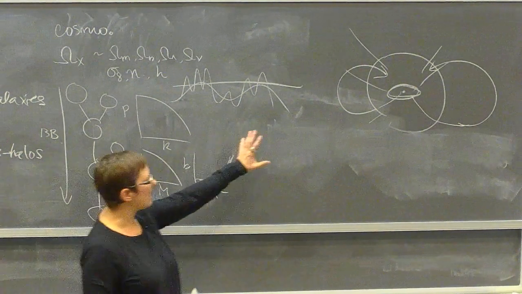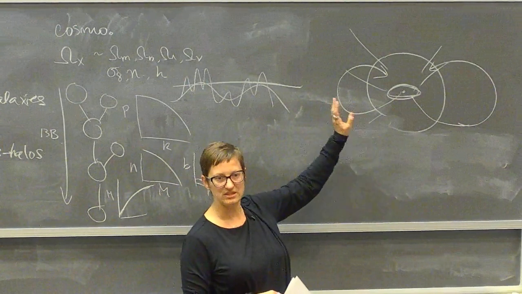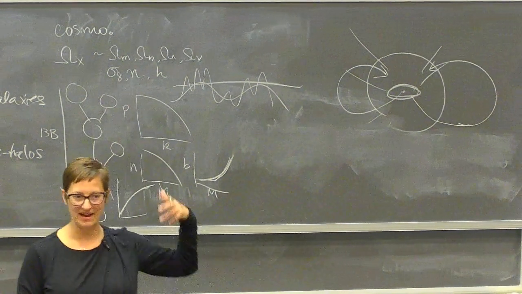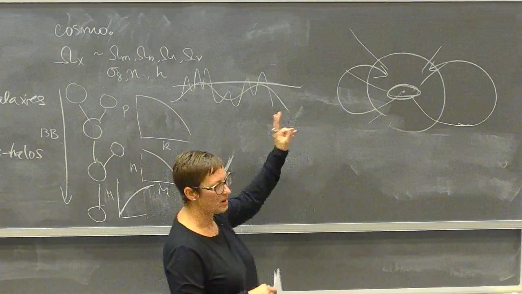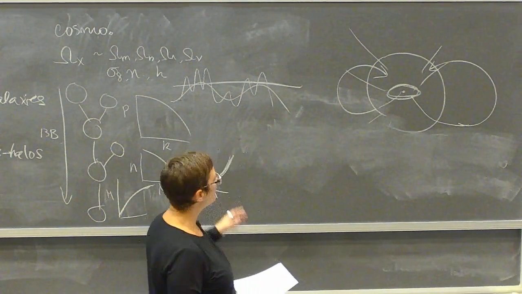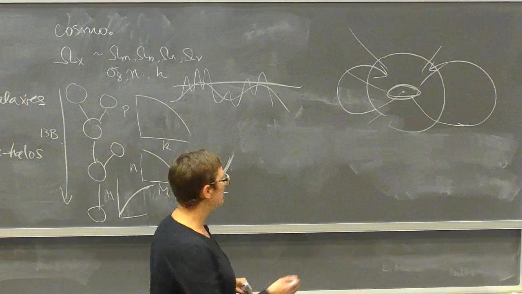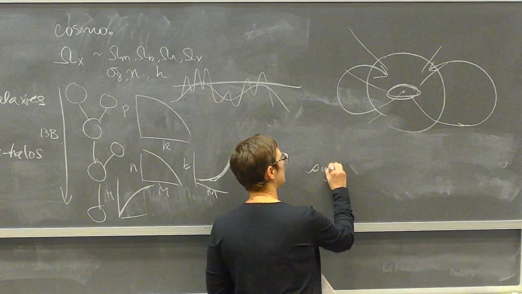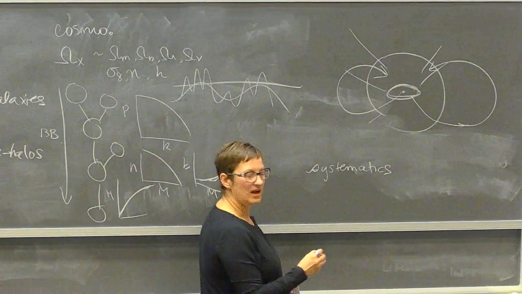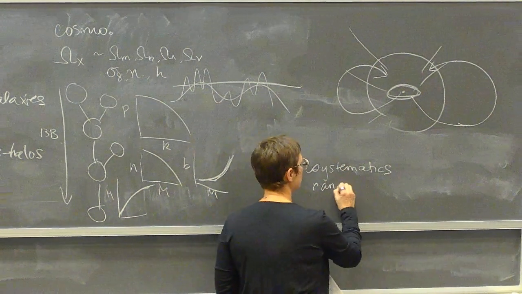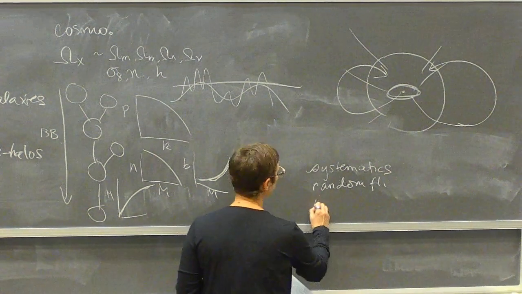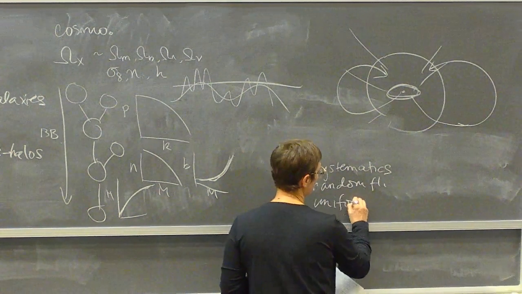The parts of galaxy formation that are fundamentally driven by gas, stars, feedback, black holes, all of what we put under the label of galaxy formation physics. And then maybe there's a third category that's more like systematics in our data, random fluctuations, or uninformative features.